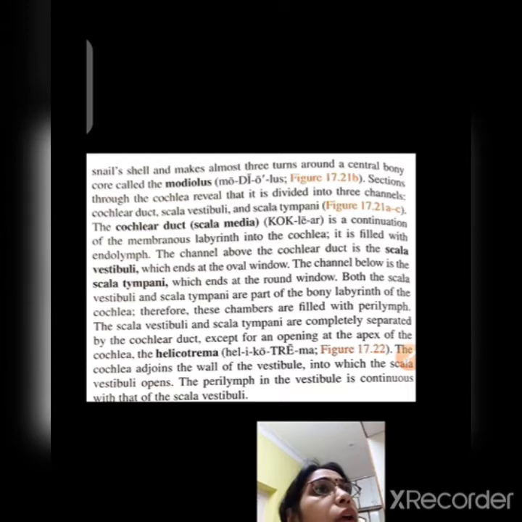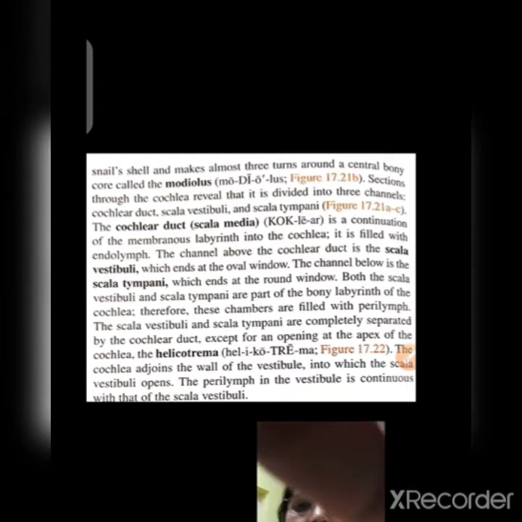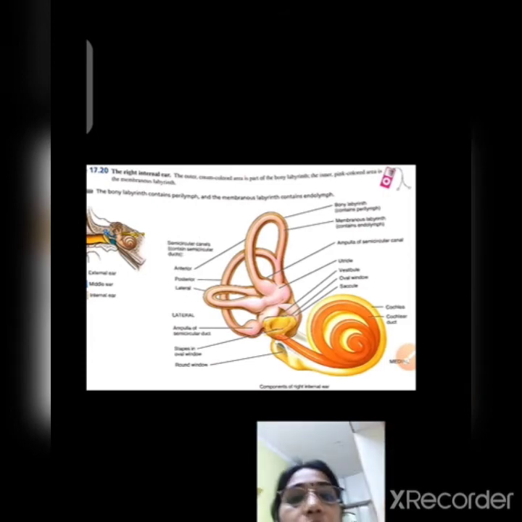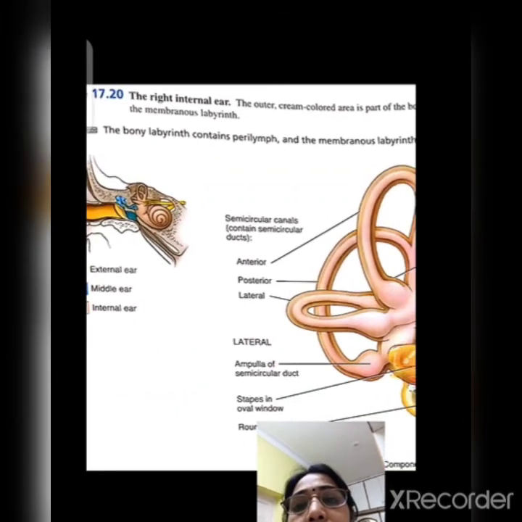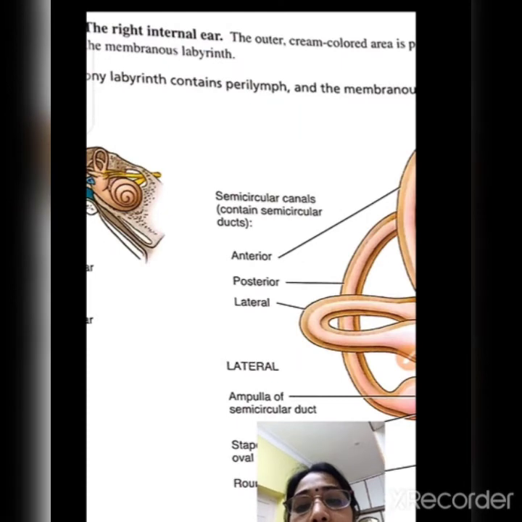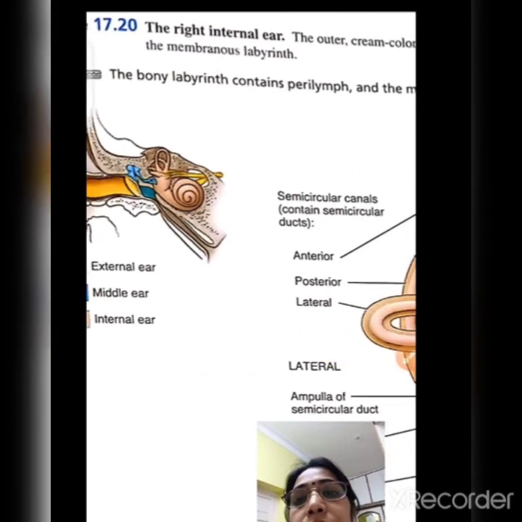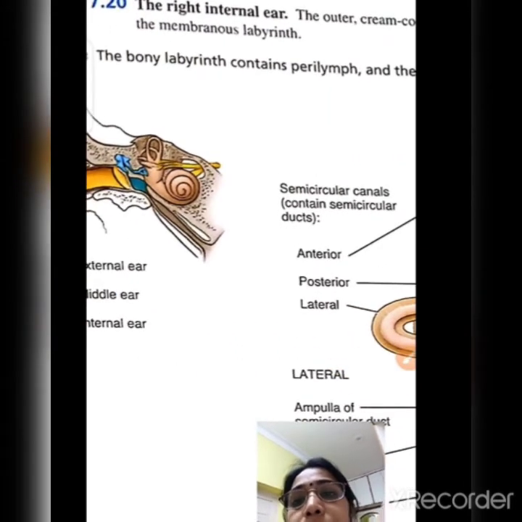Okay, now this is the structure. Now you can understand these various structures, the semicircular canals and all. See, first you see this inset, the light peach colored one, then you will understand.